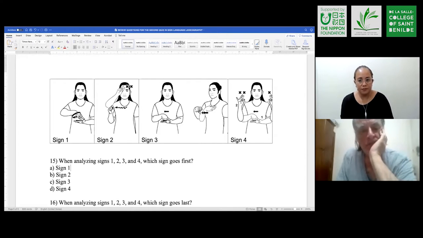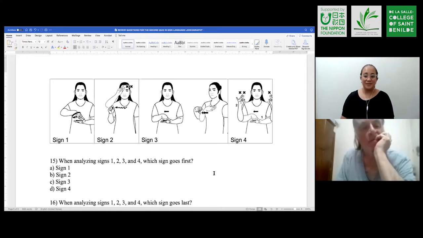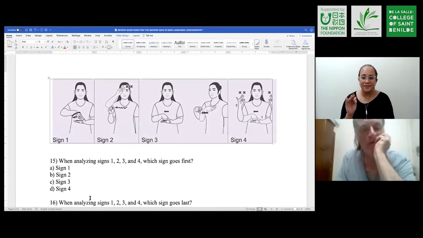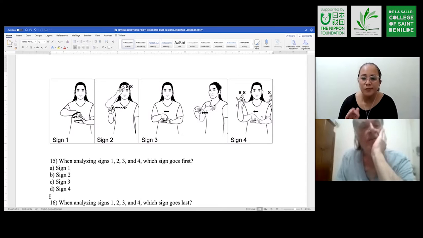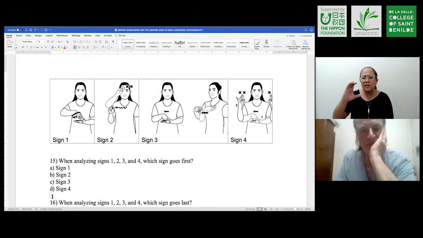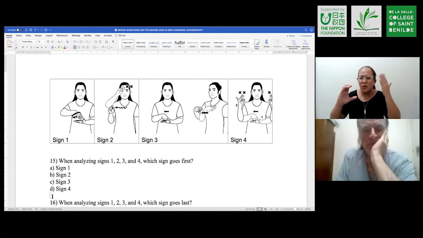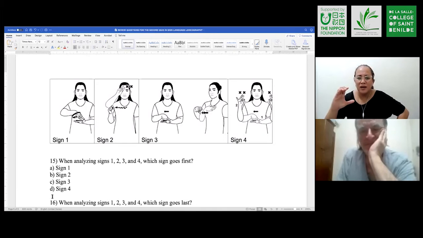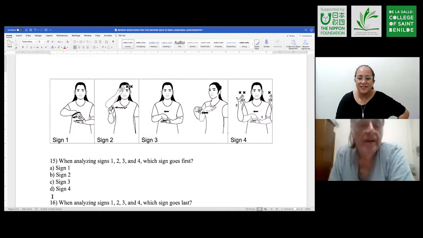Okay. Meng and Yami sign C. Jasmine signs B. Why would you pick C? Meng is signing because of the handshake. Okay, what about sign 2?